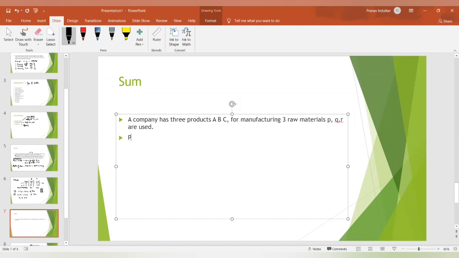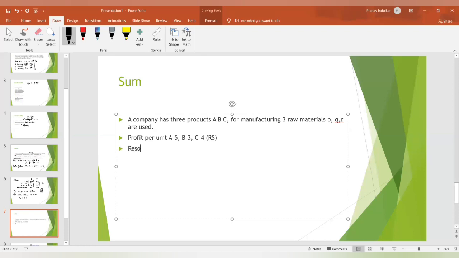Okay, profit per unit: A 5, B 3, C 4. This is in rupees. Okay, it's all in rupees.